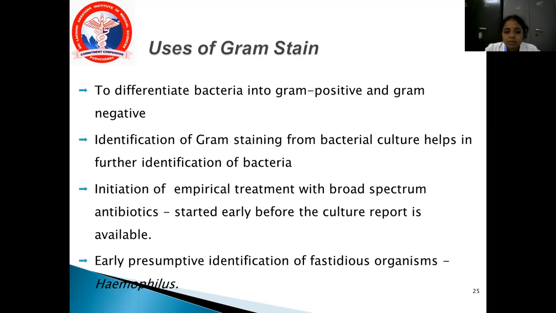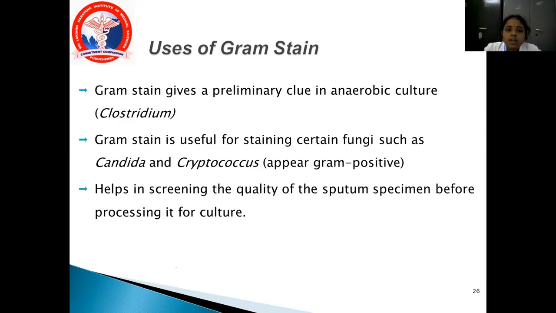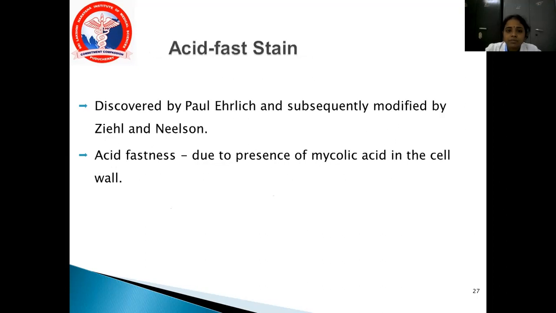It is an early presumptive identification of fastidious organisms like Haemophilus. Gram stain gives a preliminary clue in anaerobic culture, for example Clostridium. Gram stain is useful for staining certain fungi such as Candida and Cryptococcus, which appear gram positive, and it helps in screening the quality of the sputum specimen before processing it for culture.